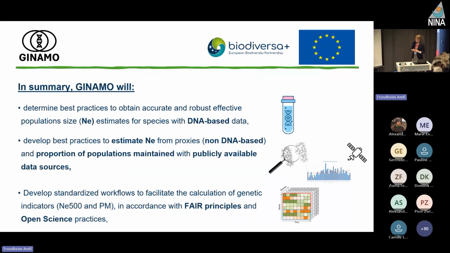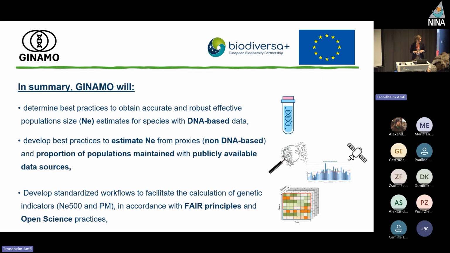So we would like to address the major factors that affect contemporary effective population size, such as different spatial distributions, life history traits, genetic marker numbers, types, sampling schemes, estimation methods, etc.